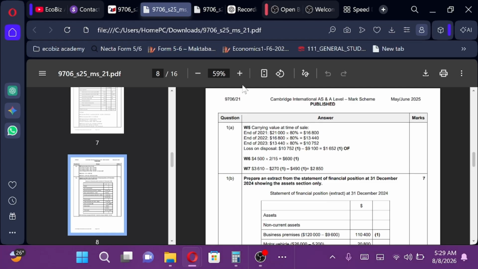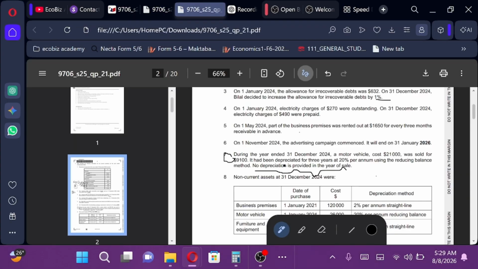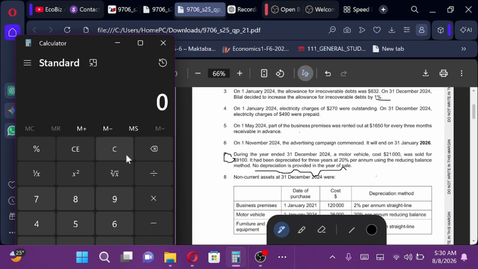So now, guys, we need to find the loss on disposal, or the amount that we'll lose on disposal. So this is the amount after depreciation, correct? We have 10,752. Now we minus the amount that we sold the motor vehicle for, which is 9,100.